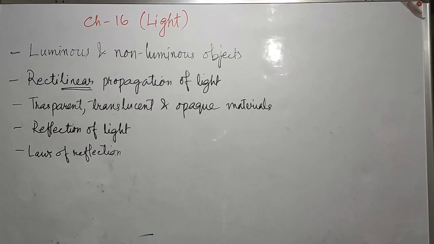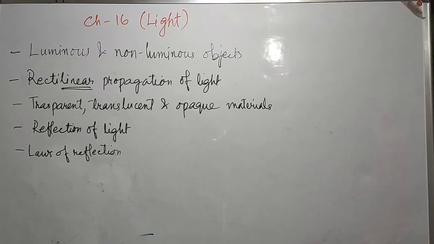Moving on to the next one, that is laws of reflection. Reflection of light is governed by two laws. The first one is: the incident ray, the reflected ray and the normal at the point of incidence lie in the same plane.